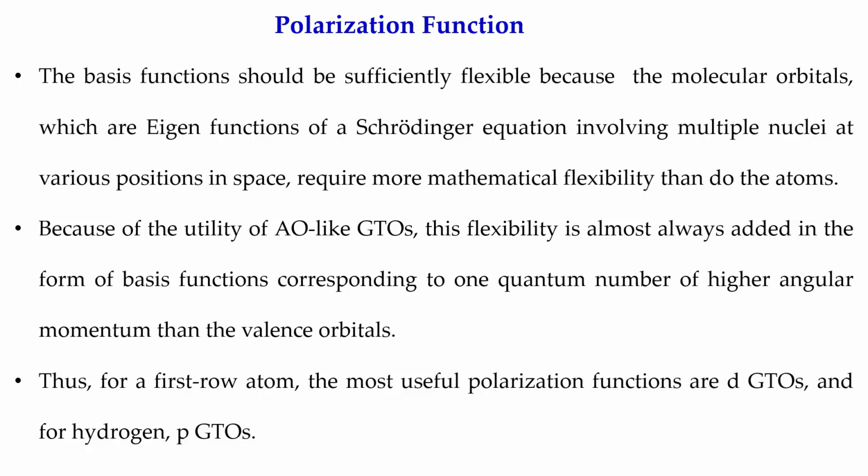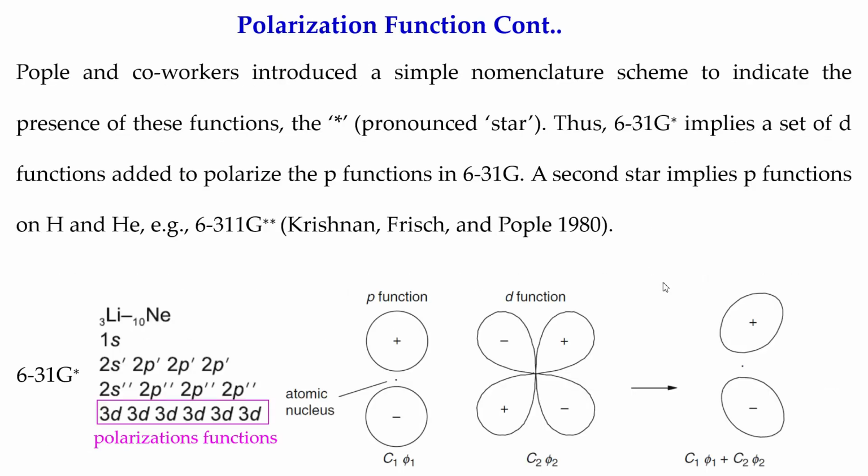So we have to add d-type wave functions for the polarization. In the same way, if you want to add a polarization function for hydrogen, then you have to add p-type GTOs, because that is the next higher angular momentum function. Pople and co-workers introduced a simple nomenclature scheme for polarization functions in their basis sets, which you have seen in the last lecture.